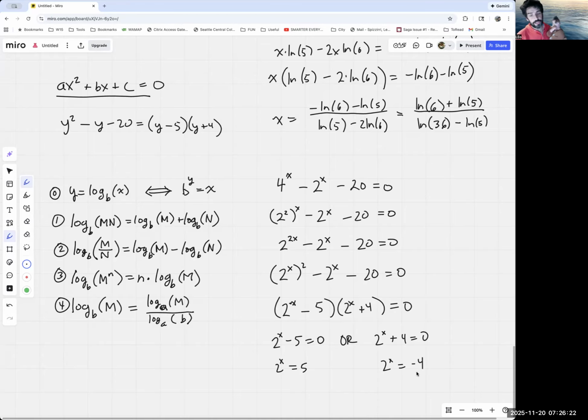However, we know that there's no exponent we can put on 2 to get a negative number. So that is another one of those extraneous solutions. We can throw that one away. It's not possible.